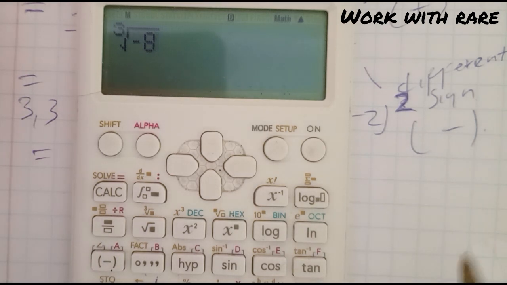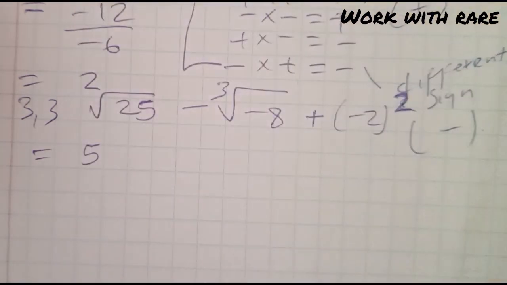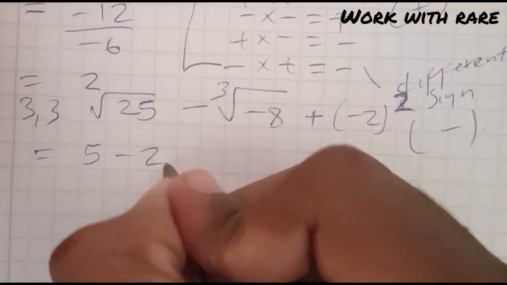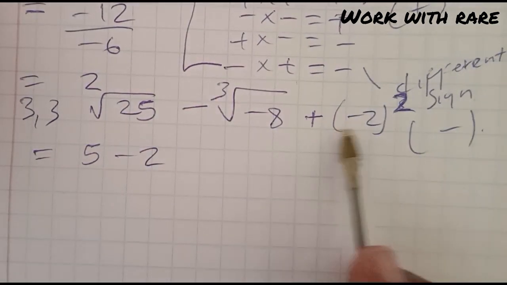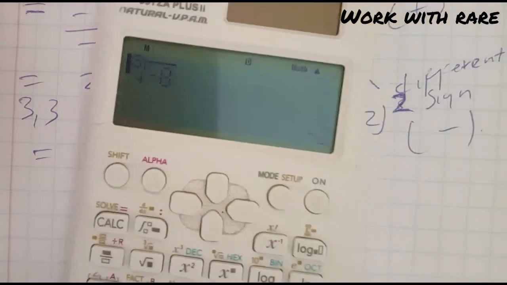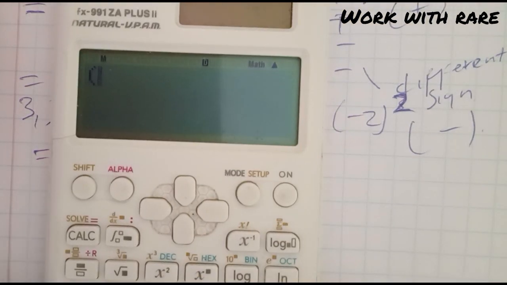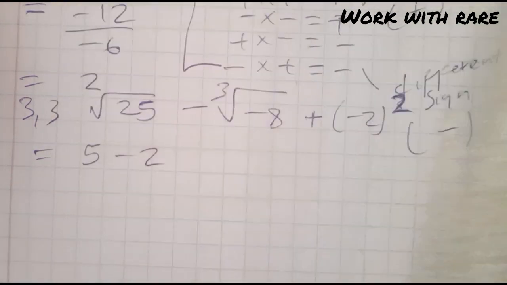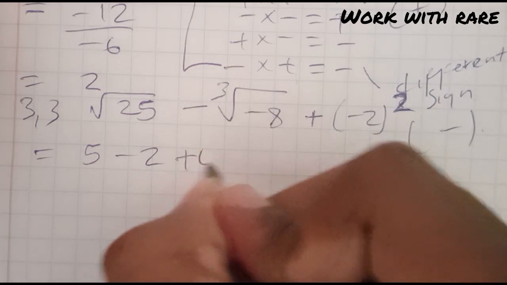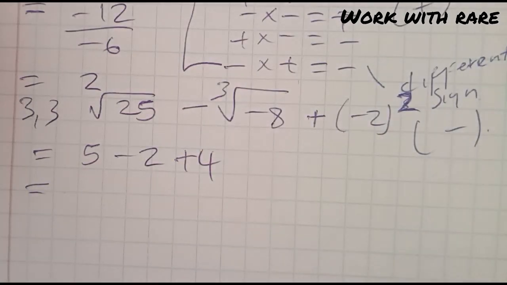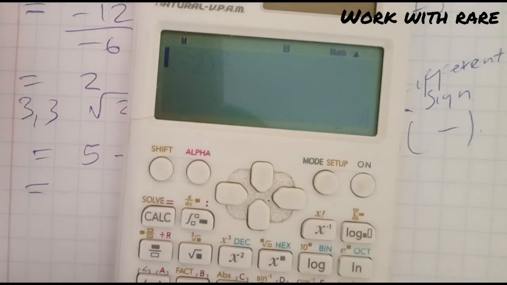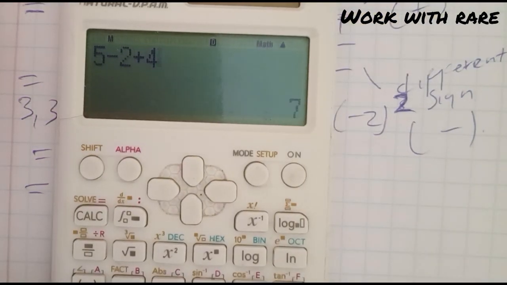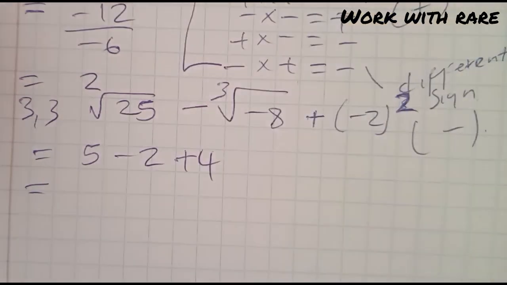Don't press subtraction. So our answer is -2. And here I should press it exactly as it is. Open bracket -2 to avoid such mistakes to the exponent 2, which is 4, +4. When it is like this, you can press it on your calculator the way it is. So our final answer will be 7.